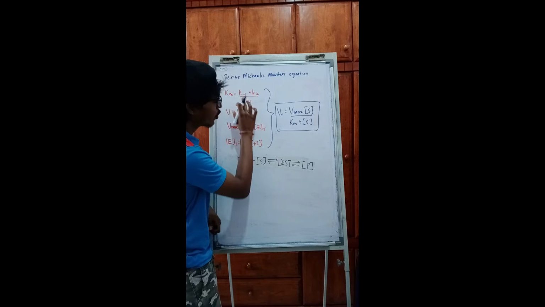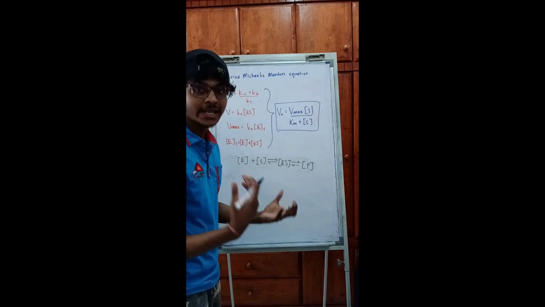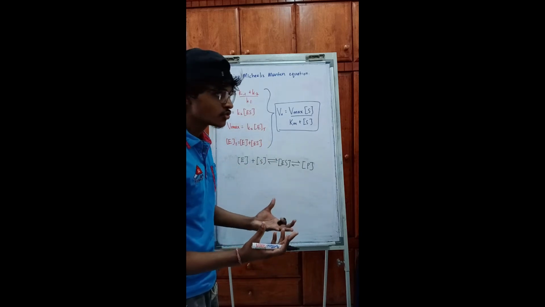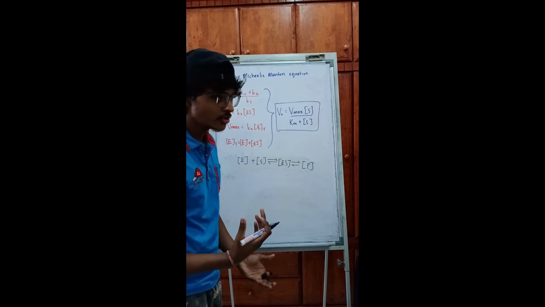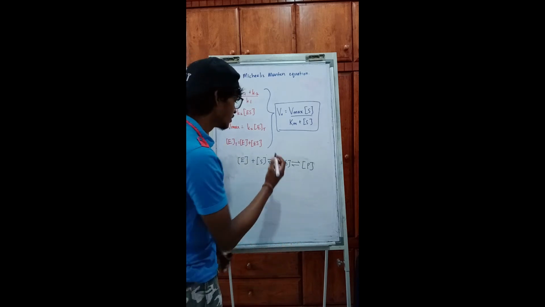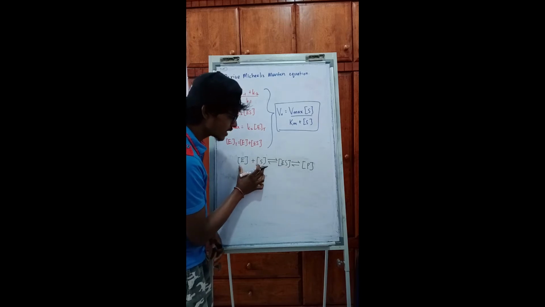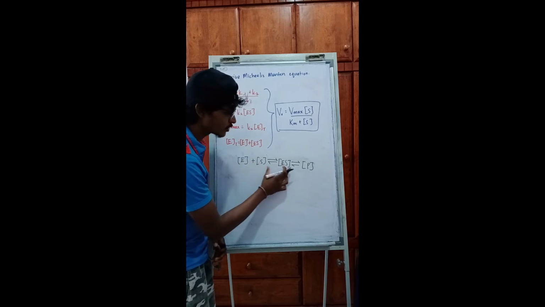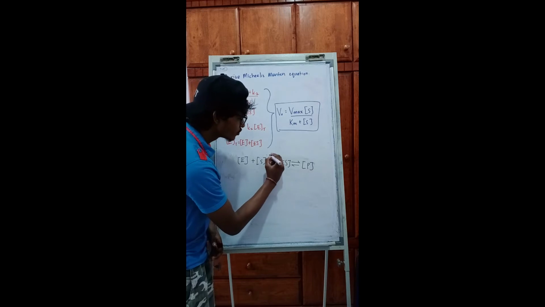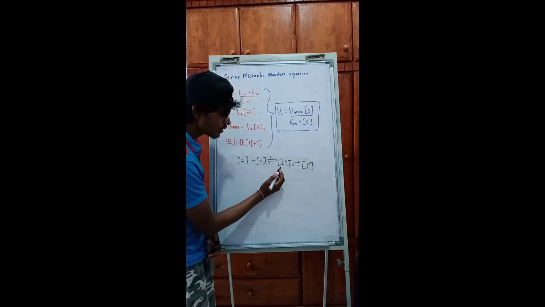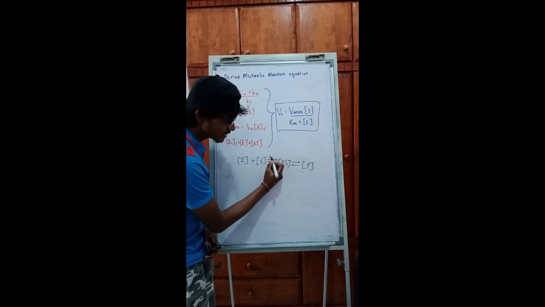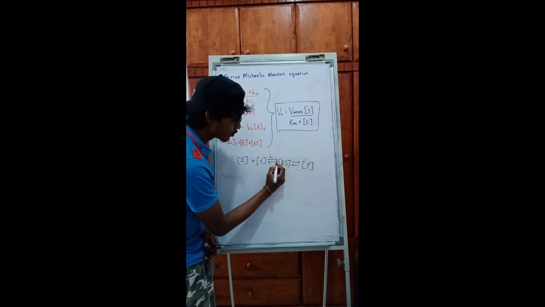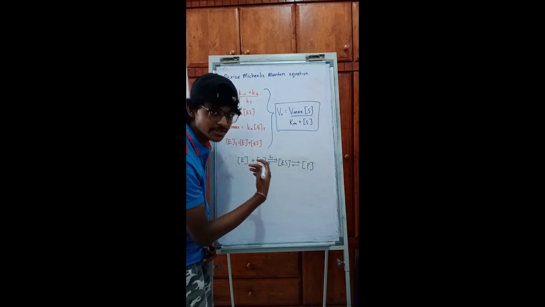As we know, K stands for the rate constant. The higher the K value, the higher the rate. First of all, the enzyme concentration and substrate concentration react to become enzyme substrate complex. This rate of reaction constant, we can put as K1. Then, this is a reversible reaction, so it might become enzyme and substrate again.